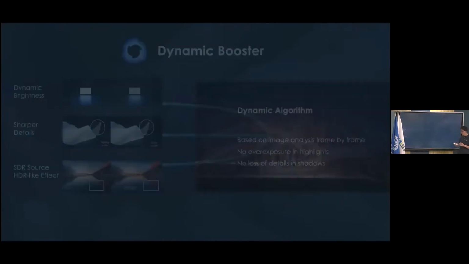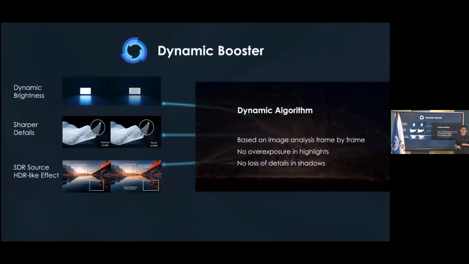Based on the frame-by-frame image analysis, we can make sure there is no overexposure in highlights and no loss of details in the shadows. Of course, even if you just input an SDR source, we can make sure you get an HDR-like performance of your video source on the LED display image.